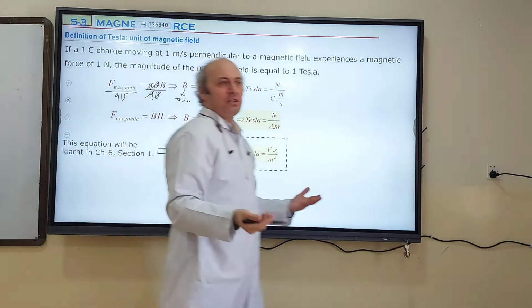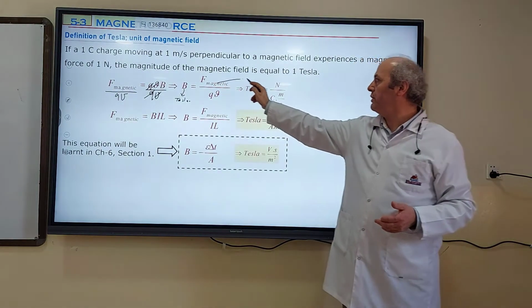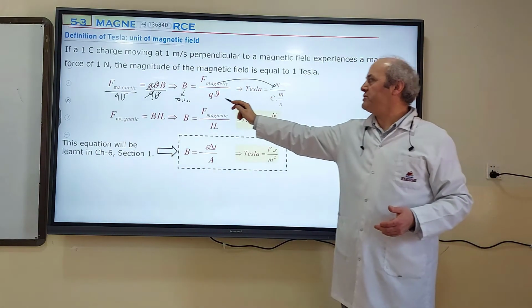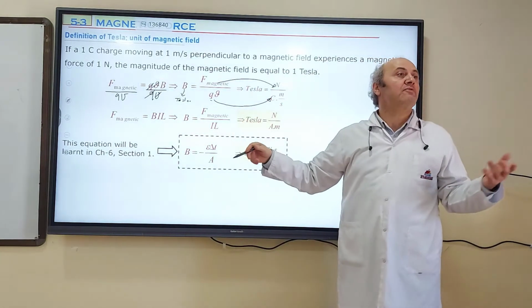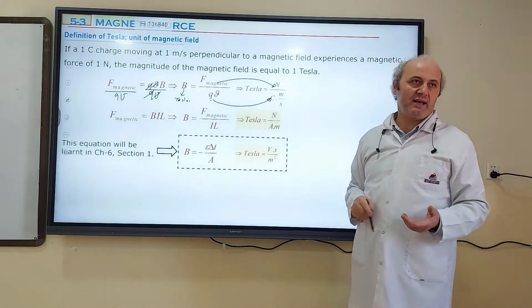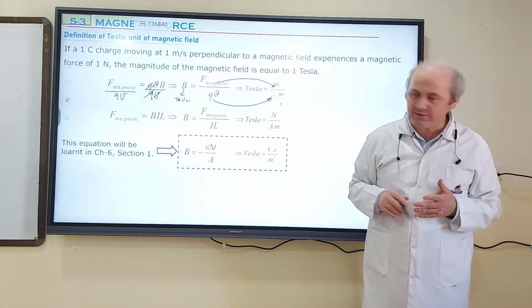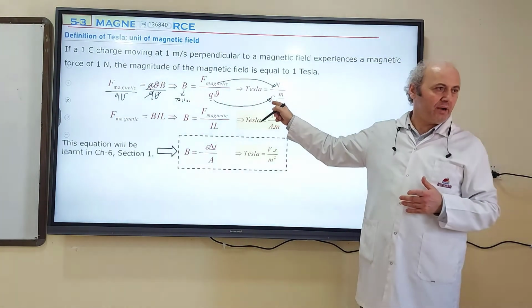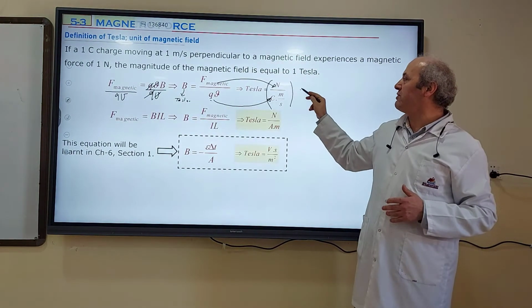But what is its equivalent? What is the unit of force? Newton. What is the unit of electric charge? Coulomb. What is the unit of speed? Meter per second. Then 1 Tesla is equal to 1 Newton divided by Coulomb multiplied by meter per second. This is one of the equivalents of Tesla.